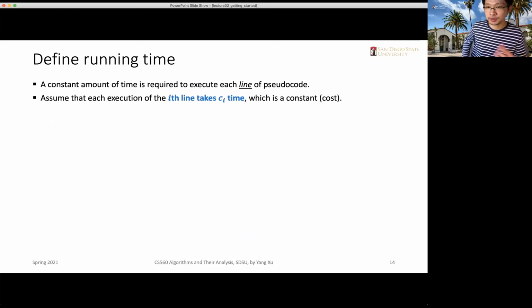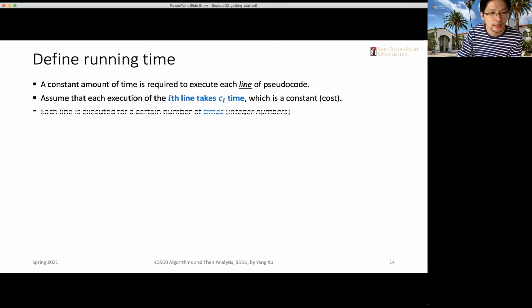We don't know the specific number, but we know that it is some constant. There's another quantity, which is the number of times each line is executed. This second one is an integer number. It's not the same thing as this c_i amount of time.